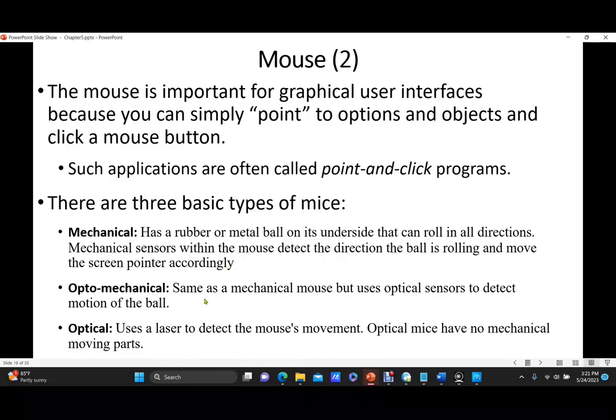Optomechanical is basically the same thing. It has a ball on the bottom, but the mouse uses optical sensors to detect how the ball is moving rather than mechanical sensors. Optical mouse uses a laser to detect the mouse's movement. There are no mechanical moving parts.